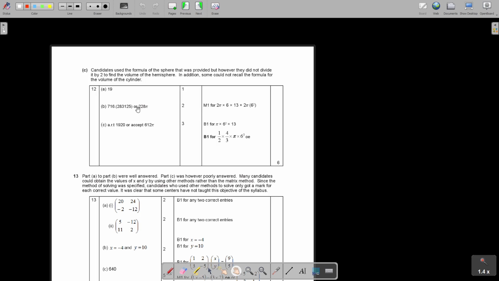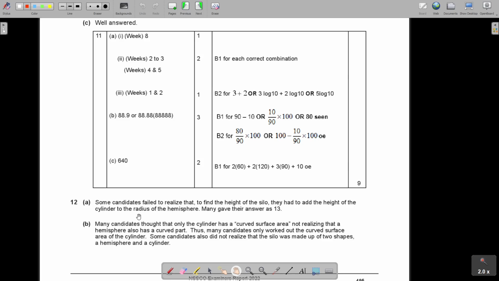Or you could have worked with the pi and then 720. Okay, but let's see what they wrote to us. They say, some candidates failed to realize that to find the height of a silo, they had to add the height of the cylinder to the radius of the hemisphere. Many gave only 13, but they had to add that half sphere. Okay, that was question A.